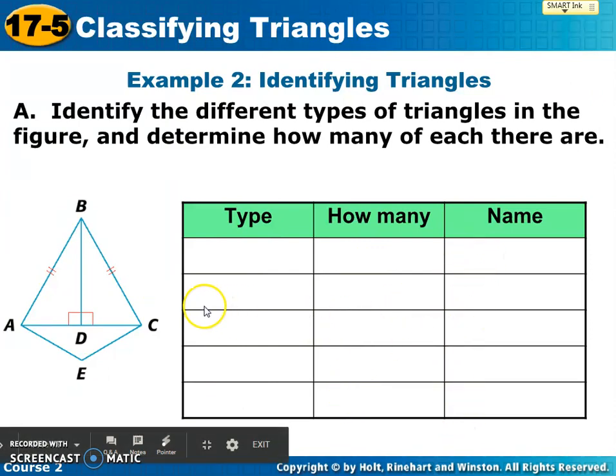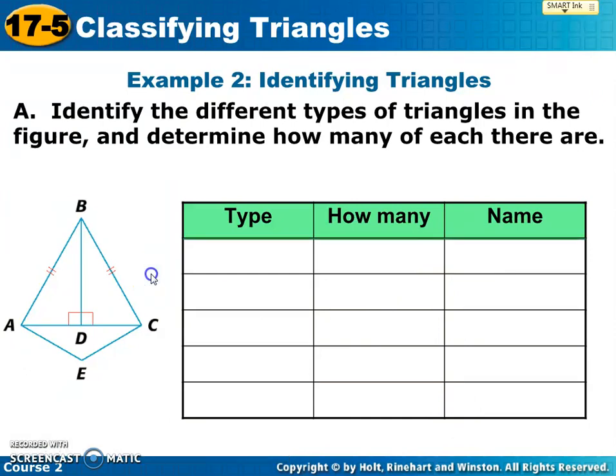So let's start off with a first example that we will do here, and we'll put in scalene. Okay, so we're going to look for all the scalene triangles. As we look at this, we will search and find two scalene triangles, and those triangles are going to be listed as ABD, right here, ABD.